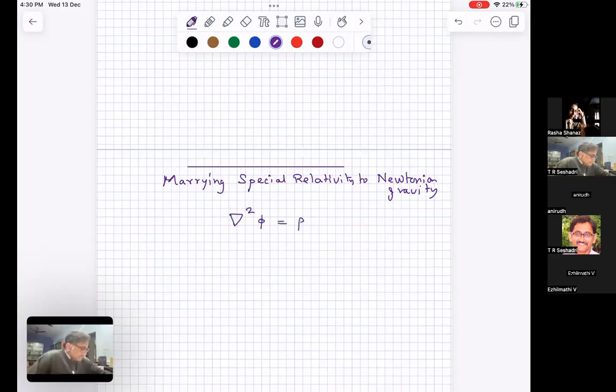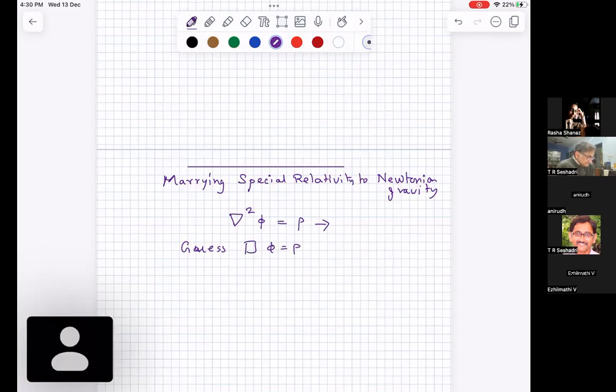Now, if I want to make it into special relativity, I can say, let me guess this: box phi equal to rho. Just like from the Laplacian, I go to the Klein-Gordon equation. So I say, can this be true? Let's see this. But there's a bit of a problem here.